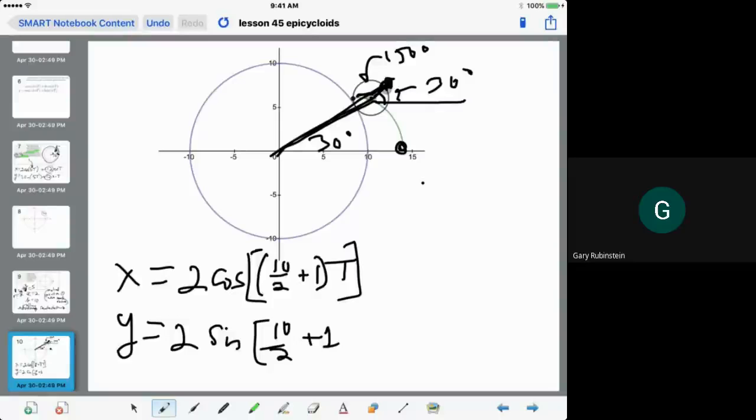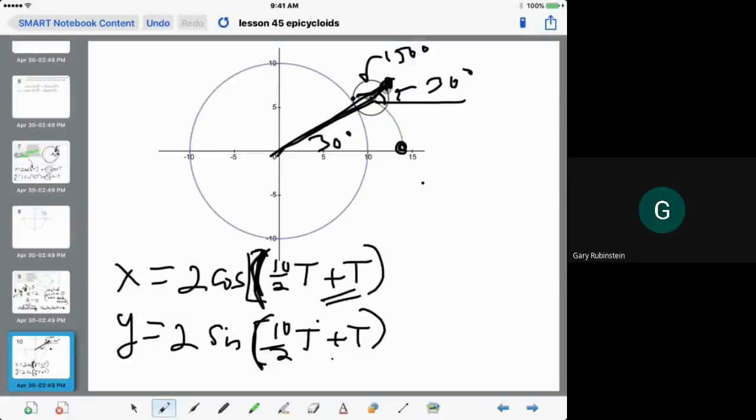Or, I'm sorry, I think you'll understand it better if I say 10 over 2 t plus t. And this one is also 10 over 2 t plus t. I like that better. That plus t you need for the rolling circle versus the floating circle.